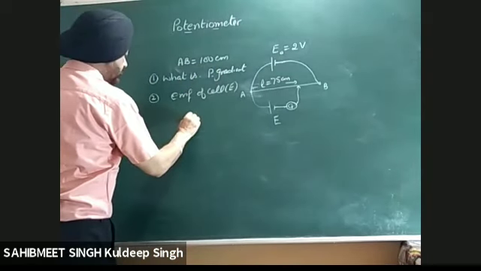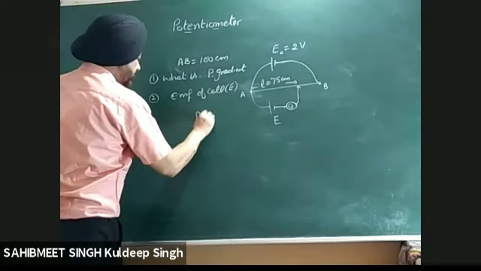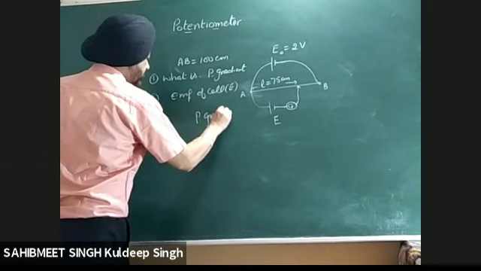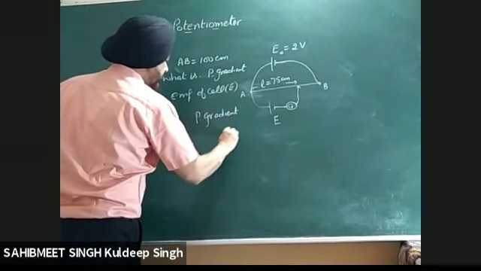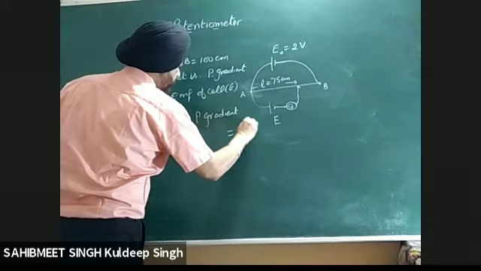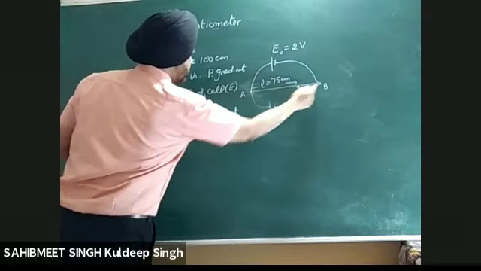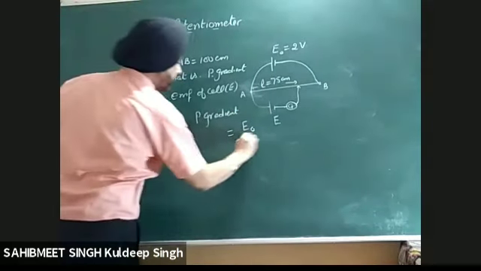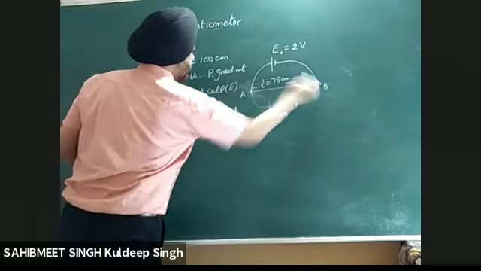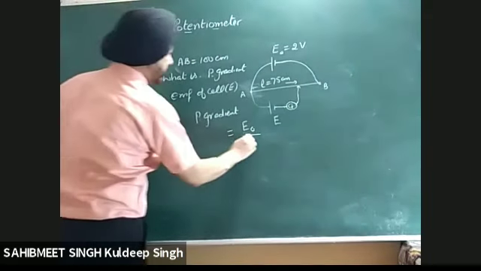So first, the potential gradient is equal to the potential difference across the wire divided by the total length of the wire, that is 100 centimeter.